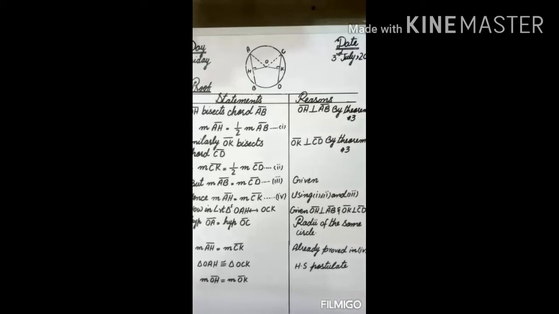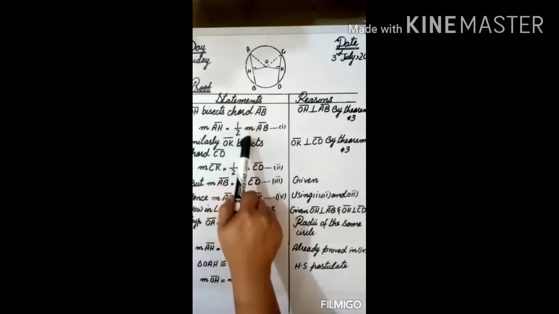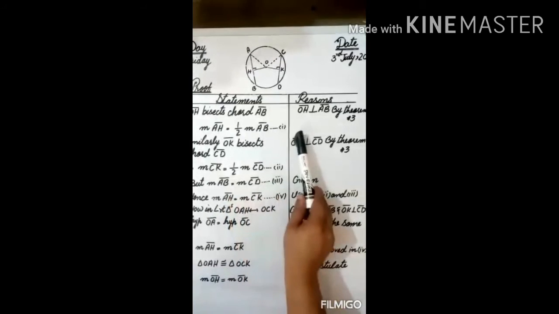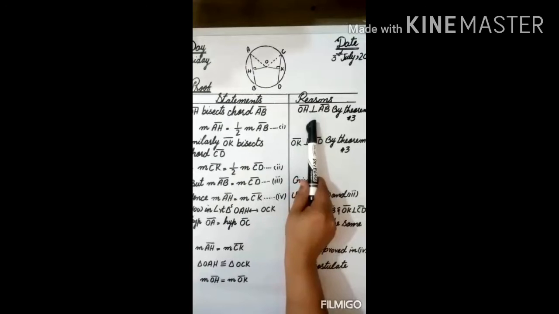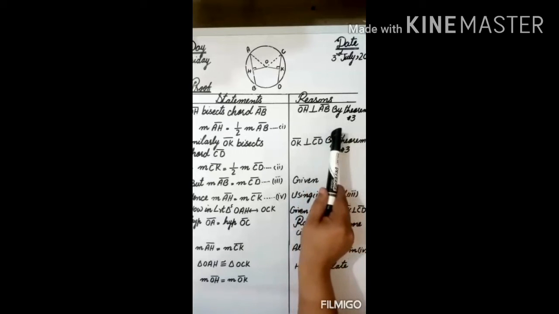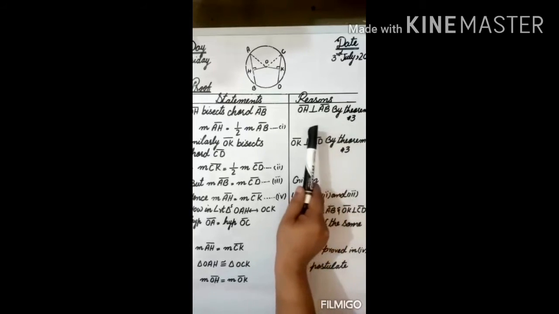Now the proof of the theorem. For this proof, the first statement is that OH bisects the chord AB and measurement AH is equal to half of measurement AB, equation number 1. In the reason they are saying OH is perpendicular to AB by theorem number 3. What is theorem number 3? According to the statement of that theorem, a perpendicular from the center of a circle on a chord bisects it. How is this theorem applying here?